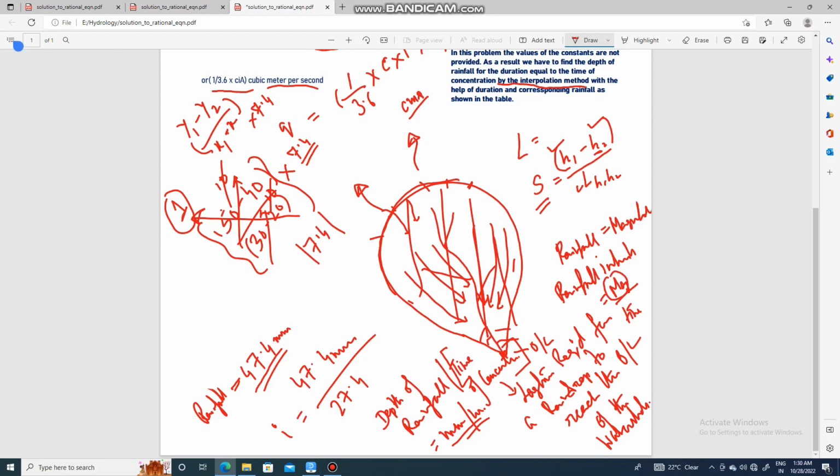So that is what the intensity is. That is why rainfall intensity has a unit of millimeter per hour.